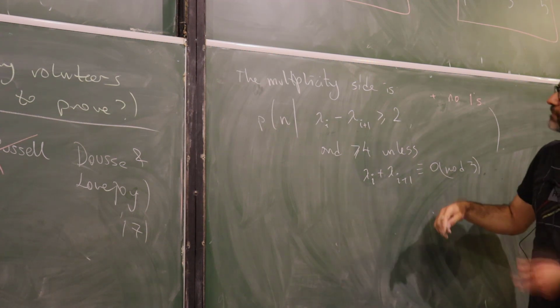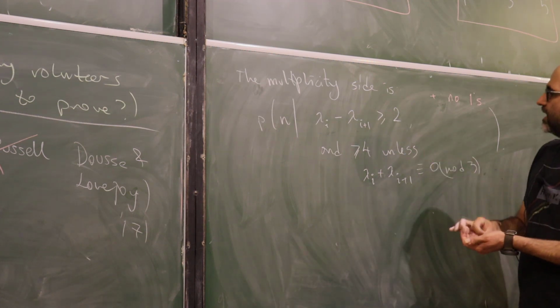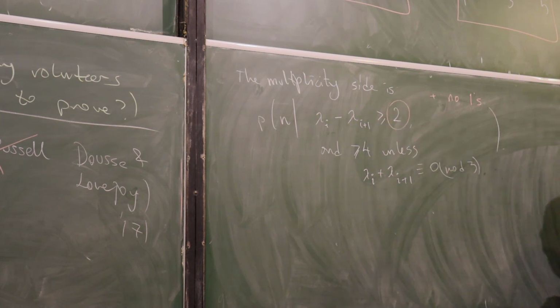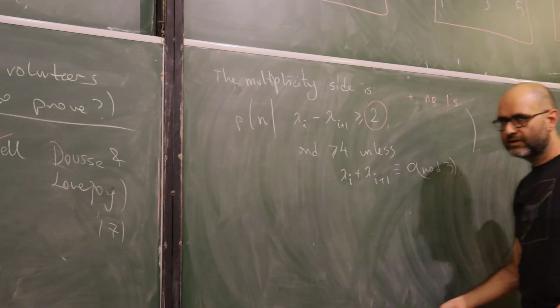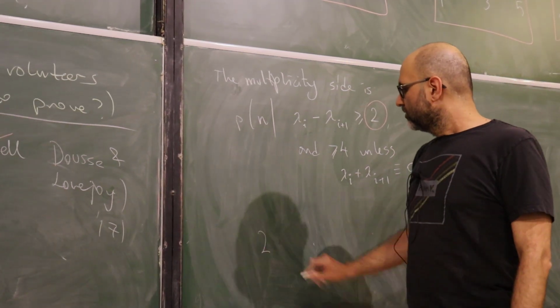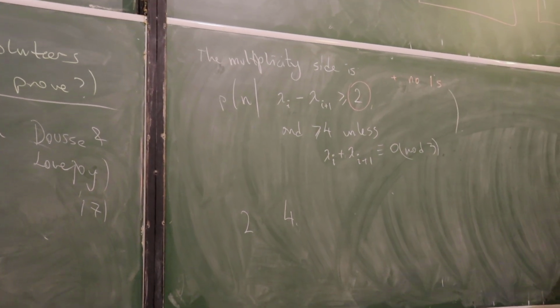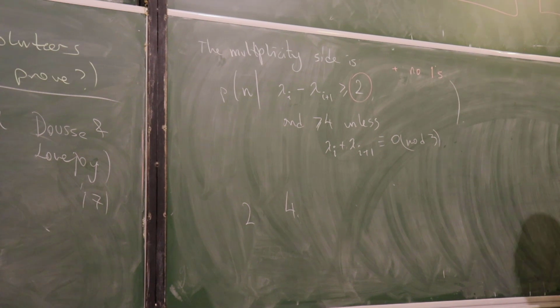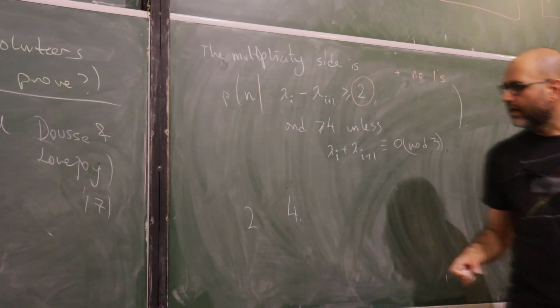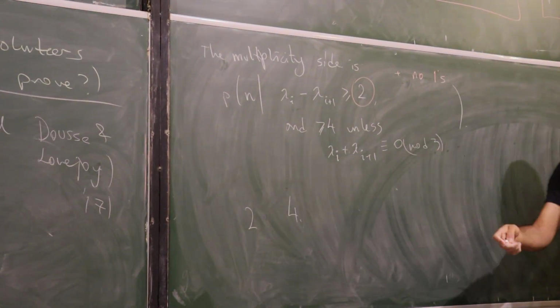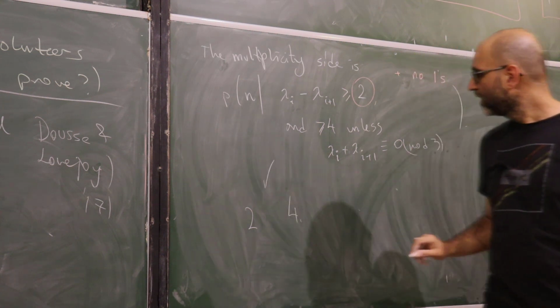And, okay, let's see if we can hit difference exactly 2 and exactly 3. In which cases can we hit difference 2 and difference 3? Let's experiment a little. For instance, after 2, can I write a 4? Can I have this piece of partition somewhere? Well, 2 and 4 add up to 6. That's a multiple of 3, so this is allowed.